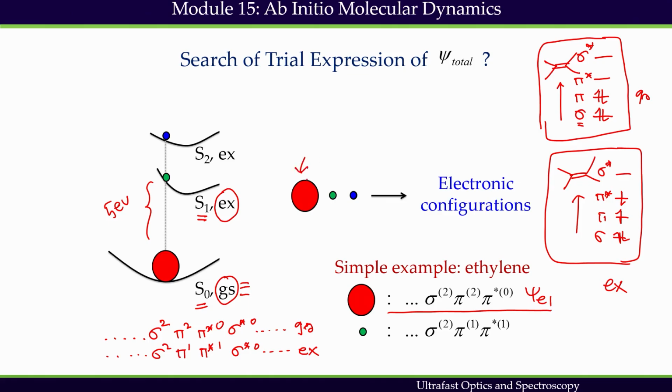This big ball is represented by this configuration, and this green ball is representing this configuration. The total electronic wave function can be written as mostly this red ball. We will not have much contribution from the upper electronically excited states because their separations are long.